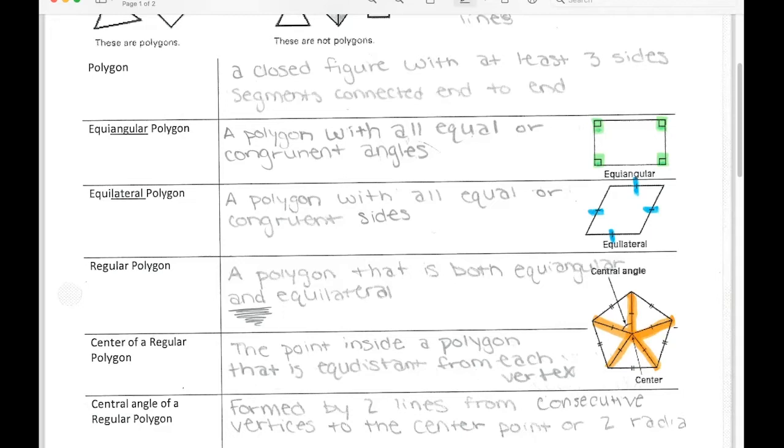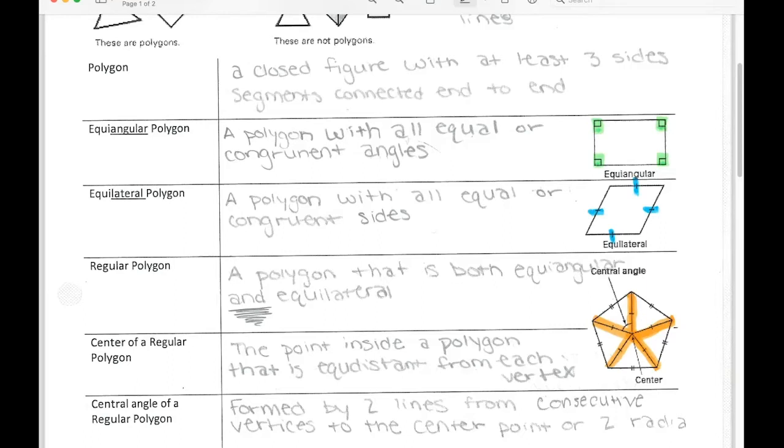A couple other things that we're going to start taking a look at are the center of a regular polygon. That would be the point inside the polygon that is equidistant from each vertex. So that would be our center point. And if we connect to each vertex, it creates this central angle on the inside here.